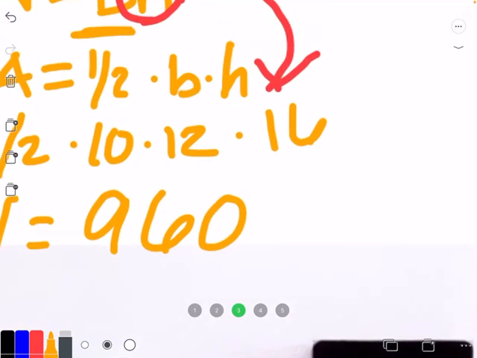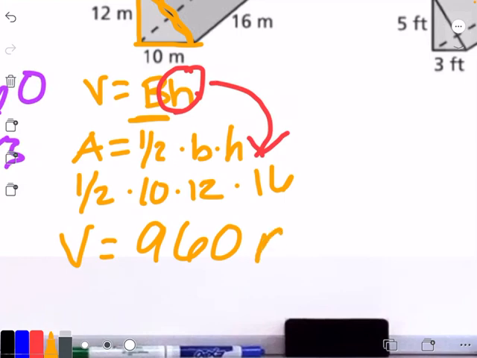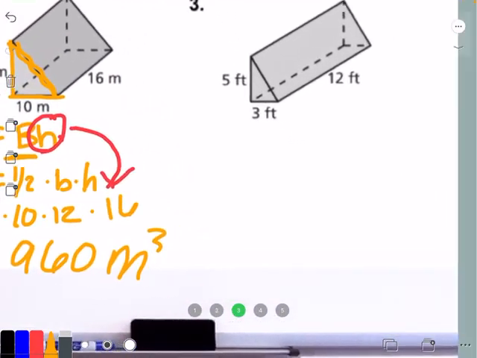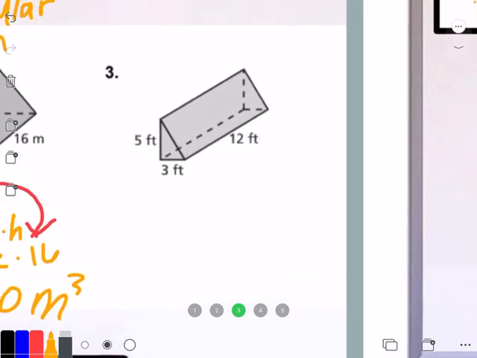Remember, for volume, we have to take our unit, which is meters, and put it as cubed. Okay, let's look at our last example for this page. We have another triangle, so we do know how to do this one.